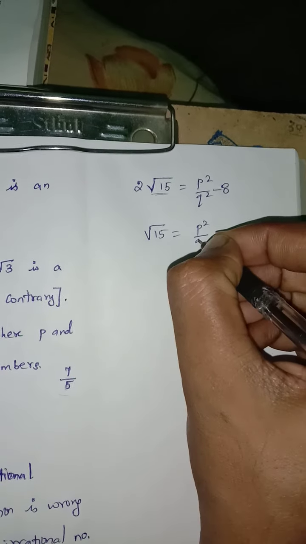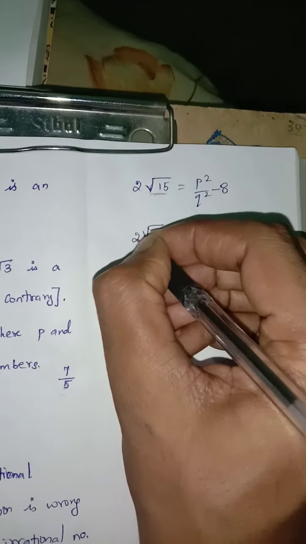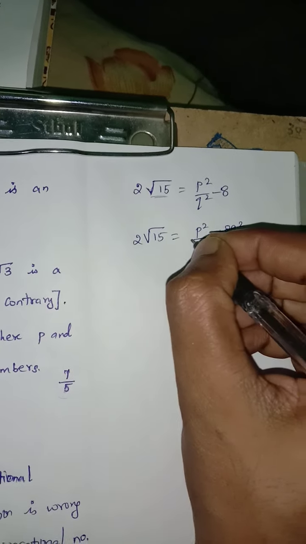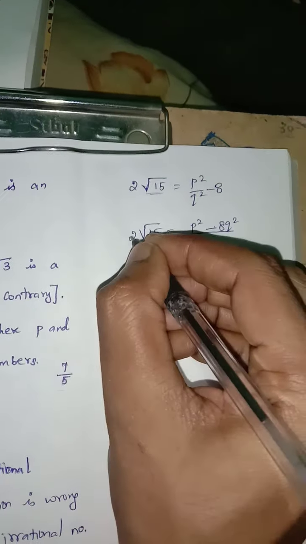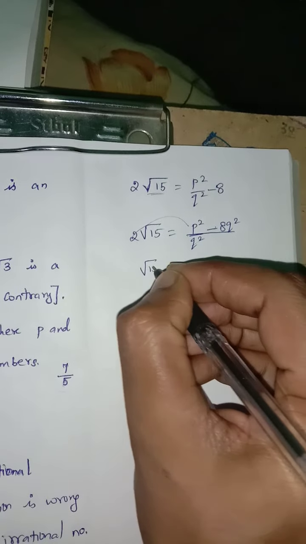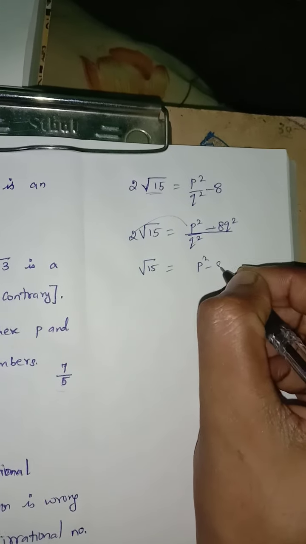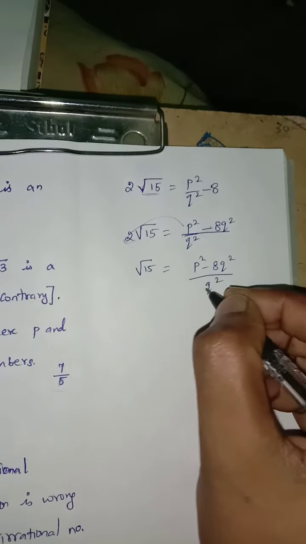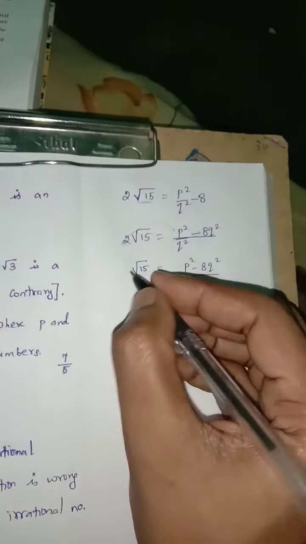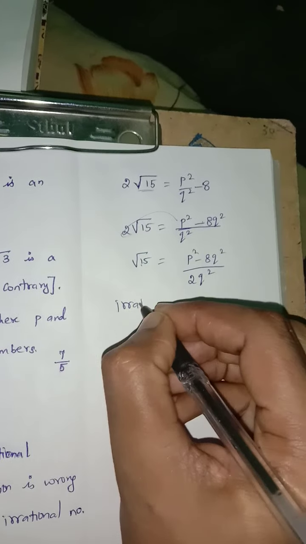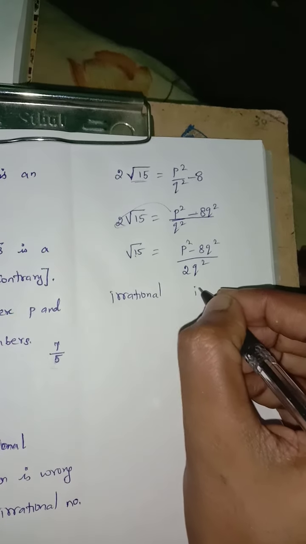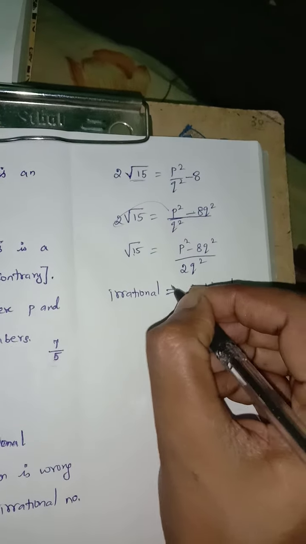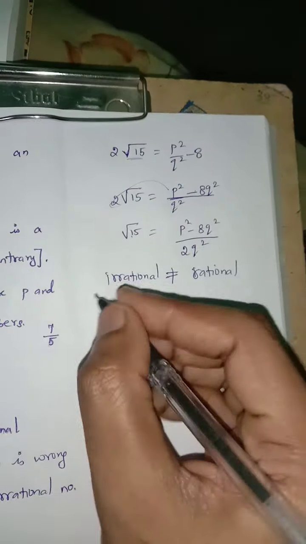It is p square by q square minus 8. First let us make it linear: (p square minus 8q square) over q square, this becomes a whole division. Now you transpose this 2 to this side, and it becomes division. So this is irrational and this is rational. Definitely irrational and rational will not be equal.